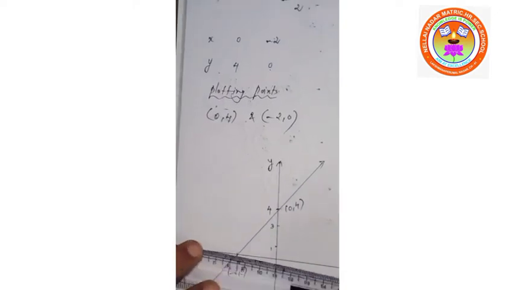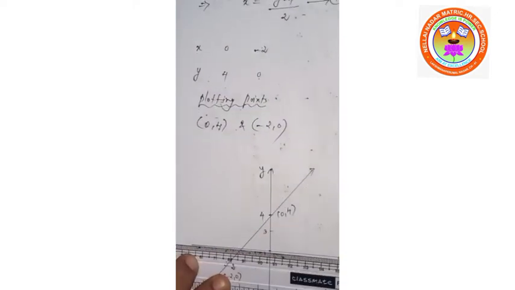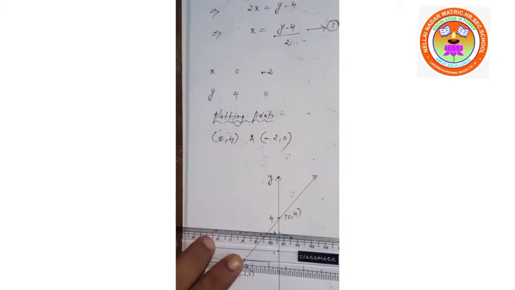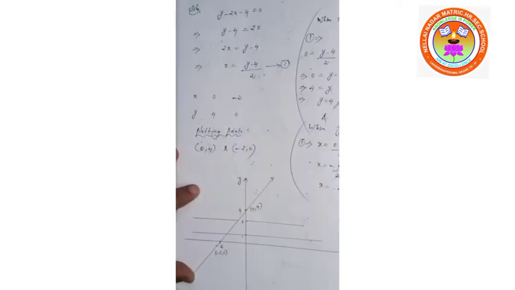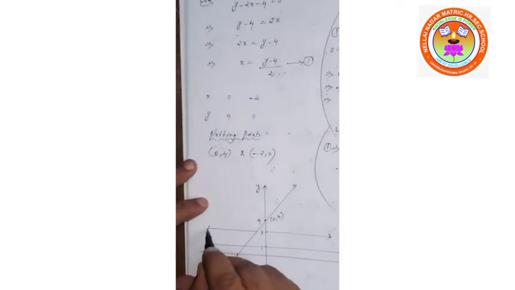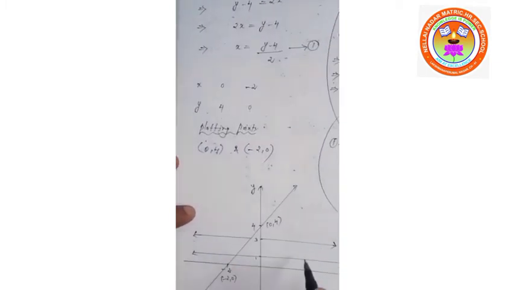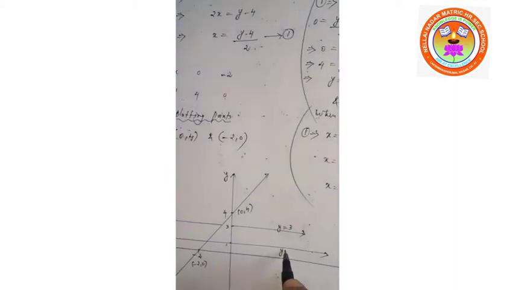Now draw a line. Both the lines pass through which axis? Y axis. Therefore this is y equal to 3 and y equals 1.